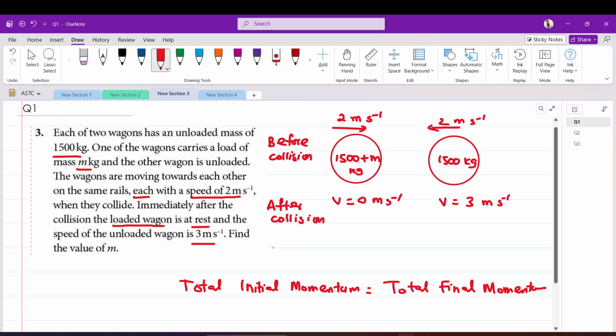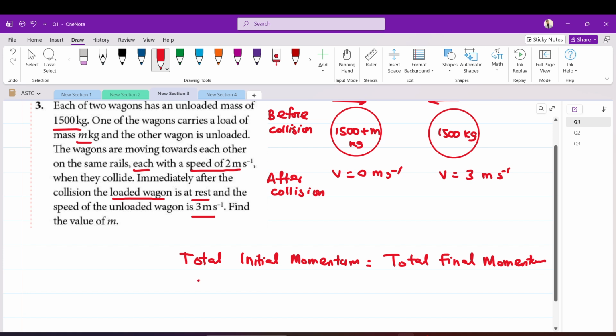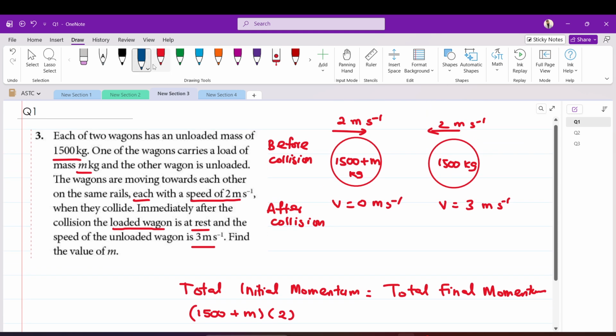The initial momentum of the loaded wagon is 1500 plus m times the initial velocity, so 1500 plus m multiplied by 2. Another thing that we must specify is the direction, which direction we are taking as positive. So I'm taking the right hand side to be positive.